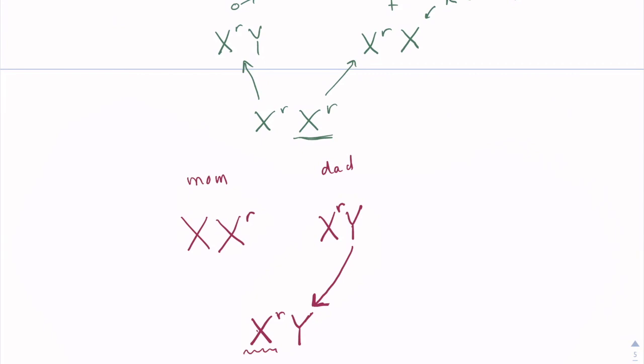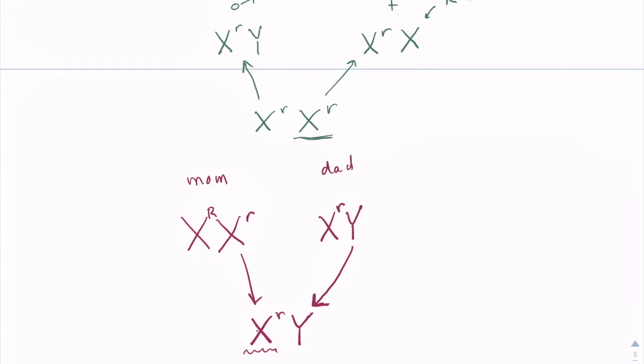So folks, what's the mother's genotype? The mother's genotype is one dominant allele on one of her X chromosomes and a recessive allele on her other. So yes, she did pass on the red-green color blindness allele to her son.